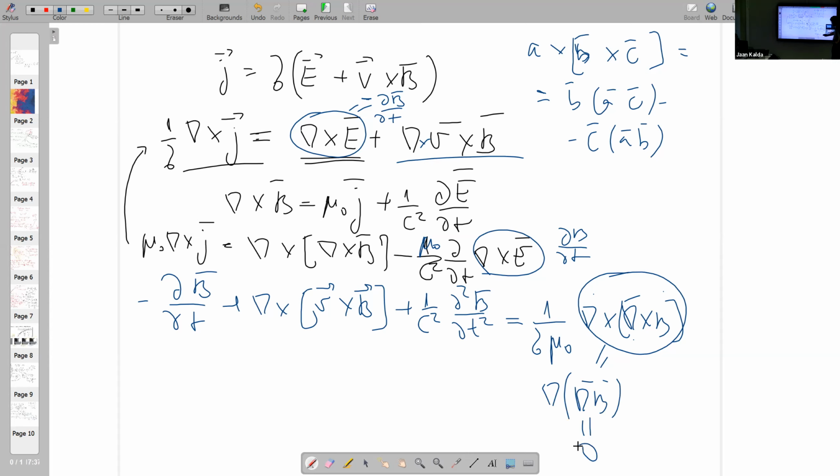And then remains the other term with minus, which is B and square of nablas. But the square of nablas is Laplace. Okay, that's what it is.